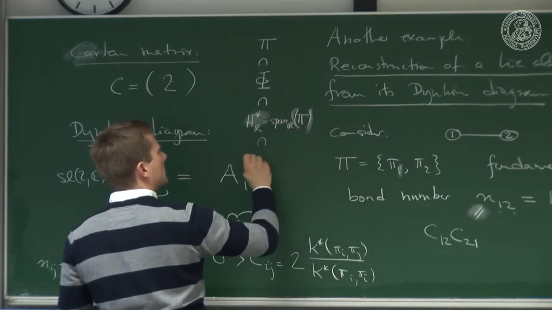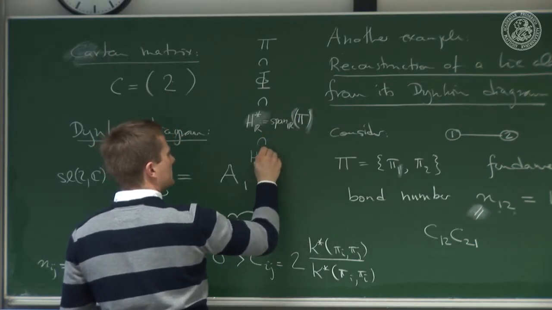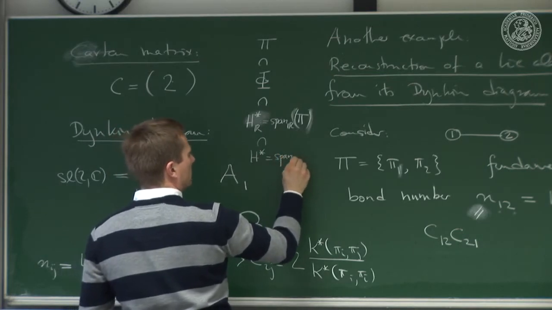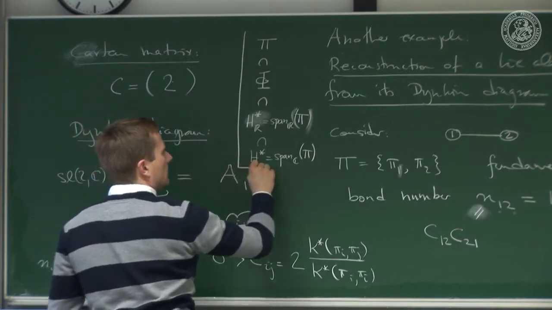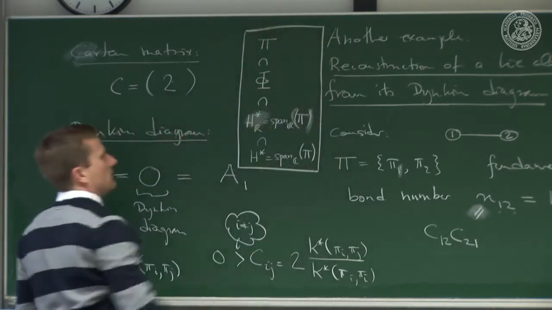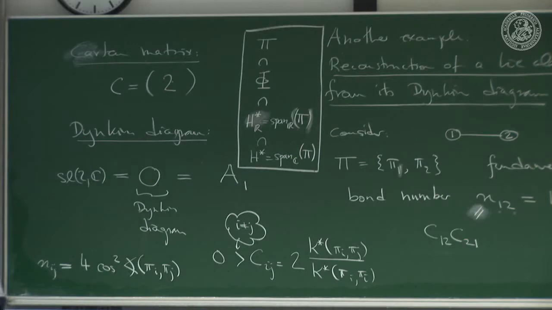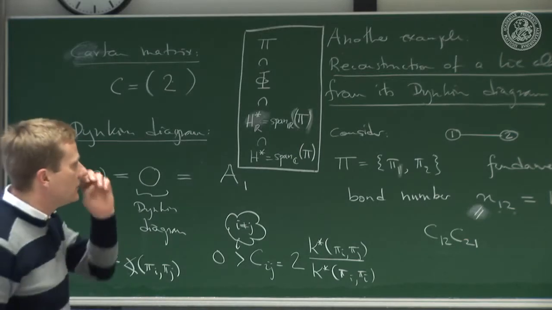That of course lies fully in H star, which is the dual of the Cartan algebra, and which we said was also spanned by pi. So maybe you want to note these inclusions.